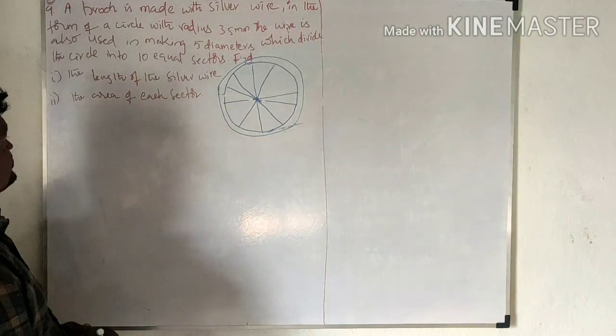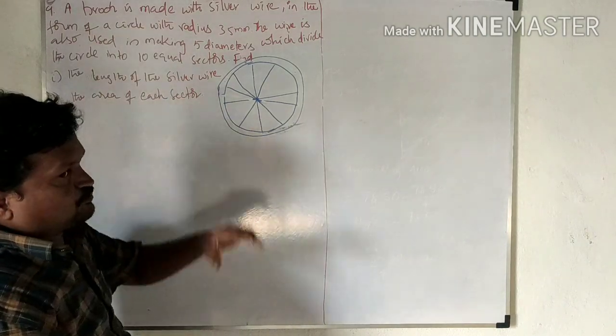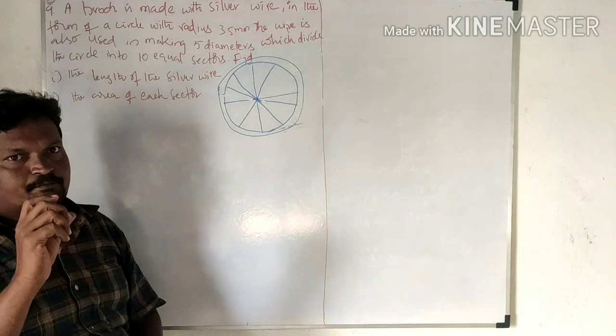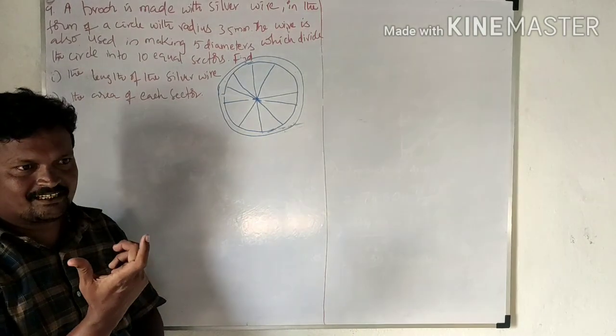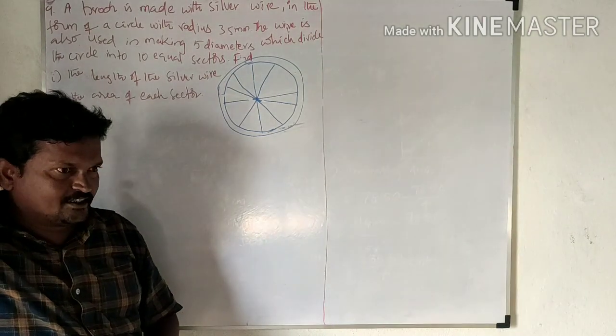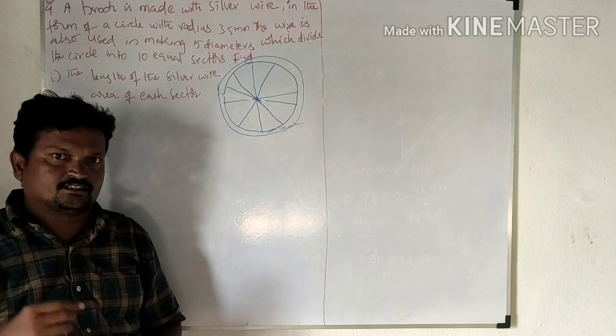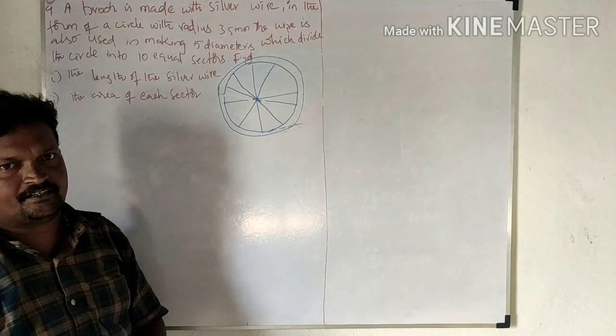So, a brooch is made with silver wire. Brooch means it is one type of ornament in the shape of a circle, like a pin that ladies use.